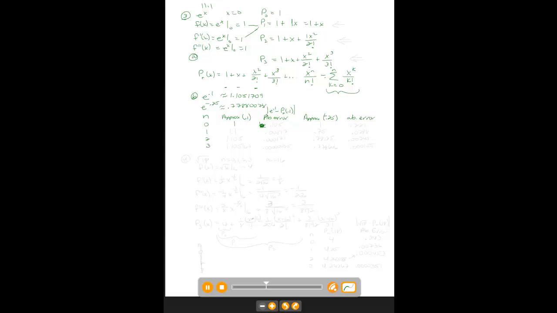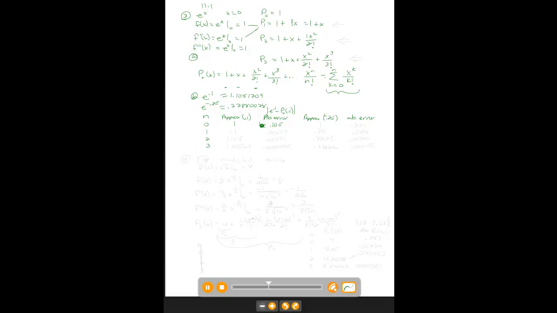So you take your calculator and you do e to the 0.1, that's that 1.1051709, and subtract your first polynomial, which was 1, and you get 0.1051709. 0.105 if I round to 3 places.